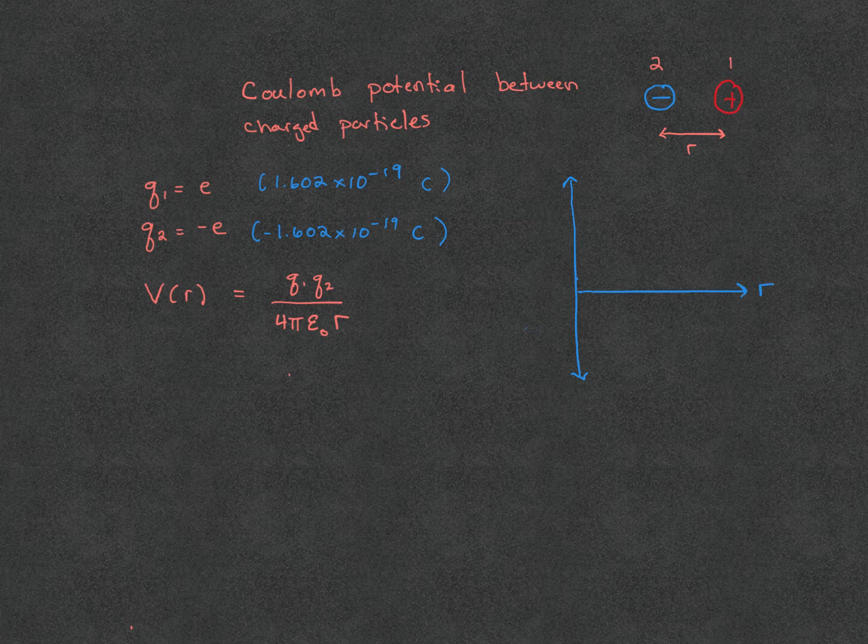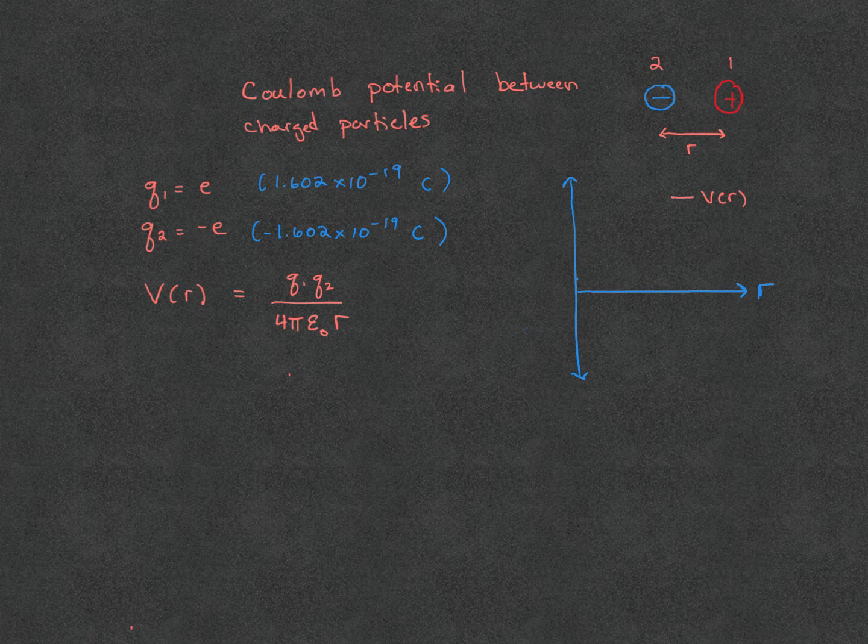So let's just have this separation called R, and then we'll plot the potential in red. I have a curve called V of R, okay? So, as we said, the potential between an electron and a proton is always negative because the product of Q1 and Q2 is always negative.